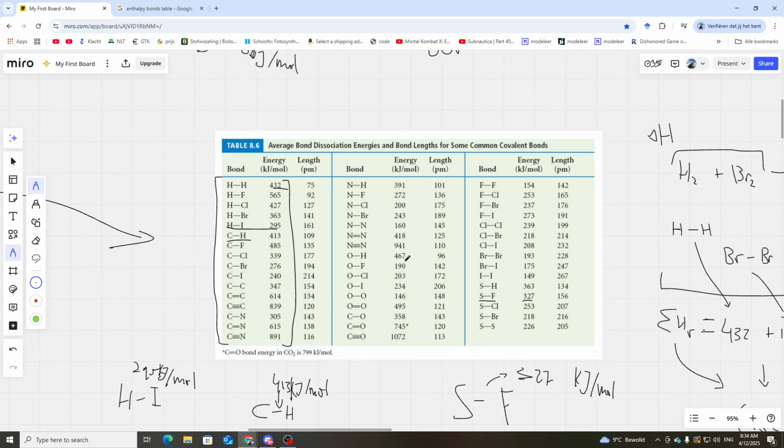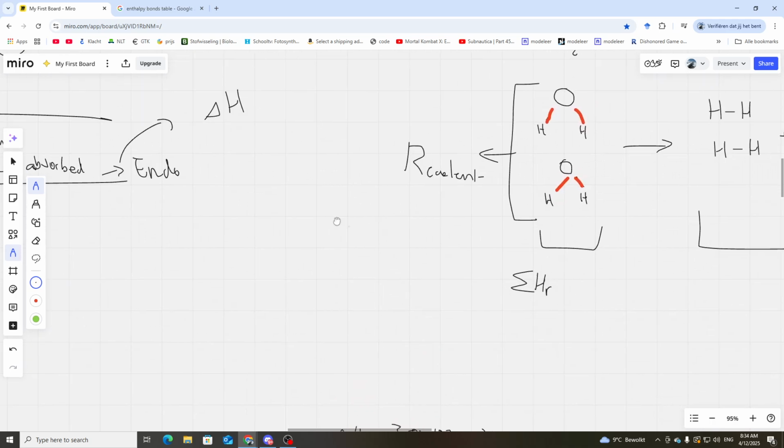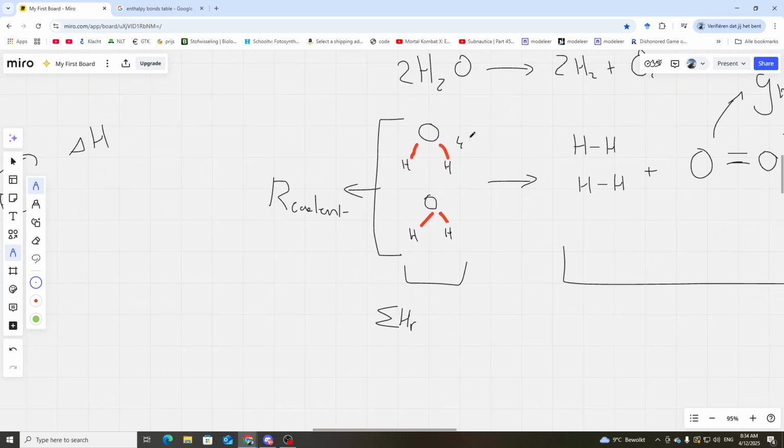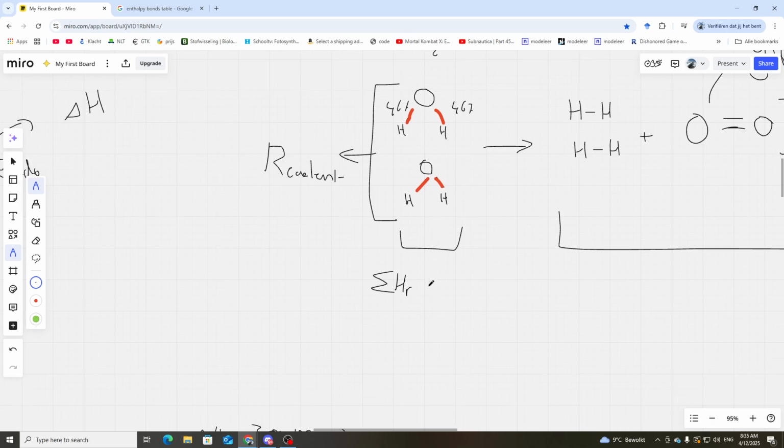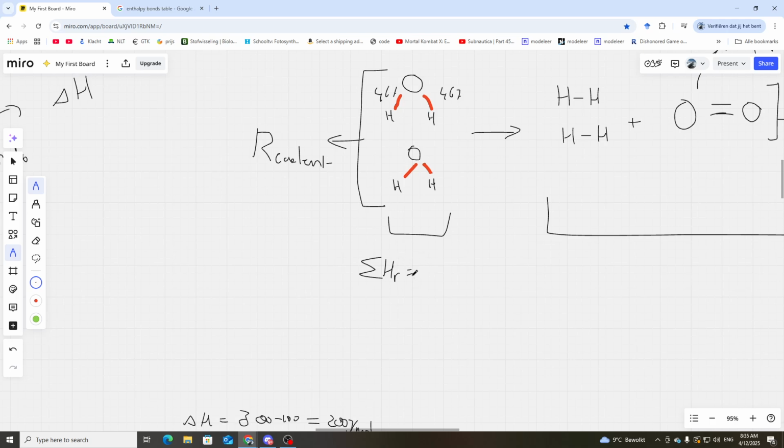We can find it here, 467. So one of these bonds is 467, this one also 467, this one also 467. So the enthalpy of our reactants is 467 times 4, because we have 4 of those bonds.